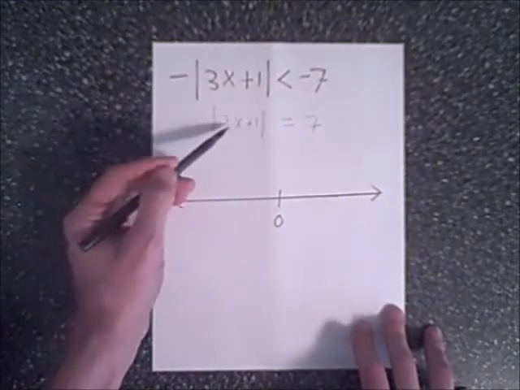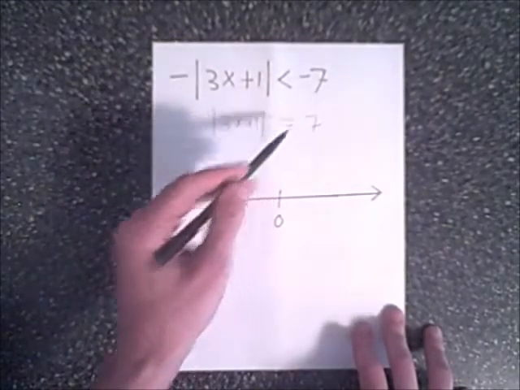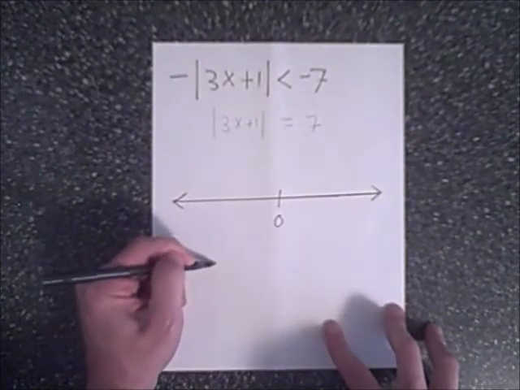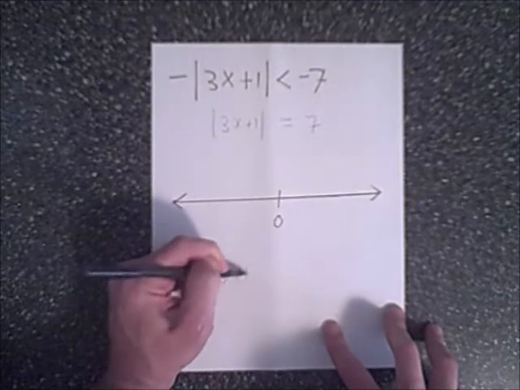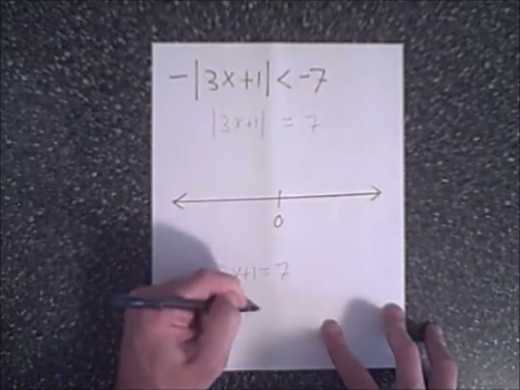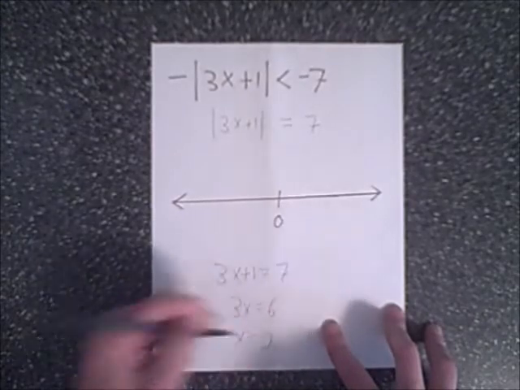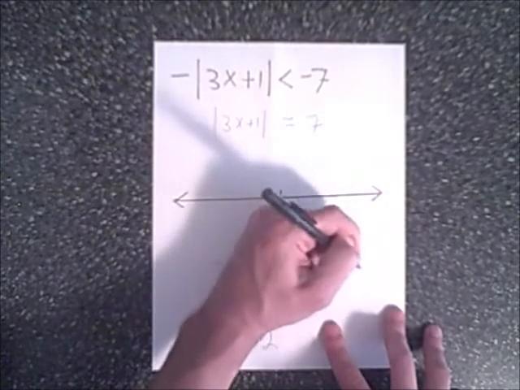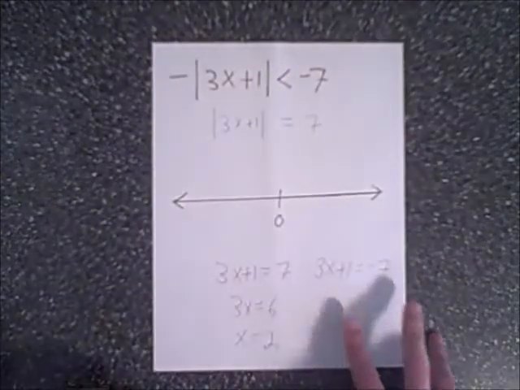Okay. And again, we have our absolute value isolated. So let's find our critical value, which on the positive side will be 3x plus 1 equals 7. So that's 3x equals 6. That's x equals 2. And then let's take the negative component. 3x plus 1 is equal to negative 7.